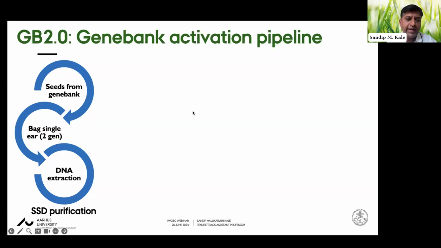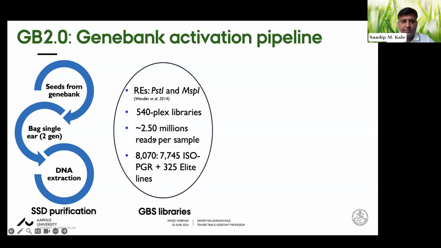So in order to characterize these 9,000 accessions, we used a 2-step strategy. The seeds from the gene bank were taken out in batches, and then they underwent 2 rounds of single seed descent before going for DNA extraction. This single seed descent was introduced to achieve homozygosity and remove any mixing or heterozygosity present in the seeds.